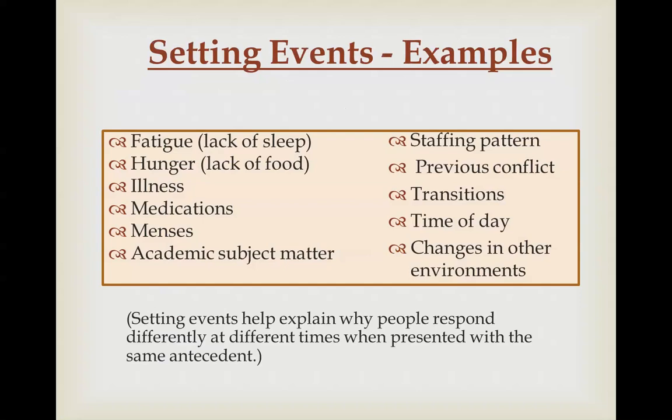So if you have a variable reaction to the antecedent, and sometimes the antecedent triggers the behavior and sometimes it doesn't, as long as you've defined and identified that antecedent accurately, there must be a setting event, because it's the setting event that's determining whether the antecedent triggers the behavior or not.